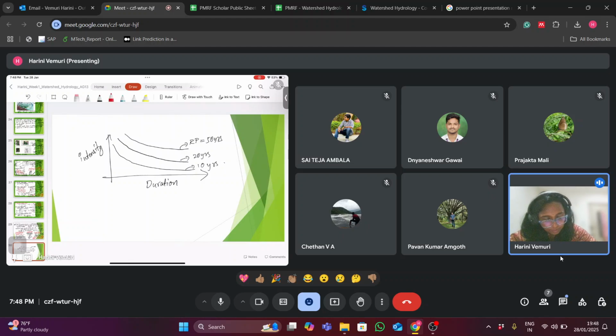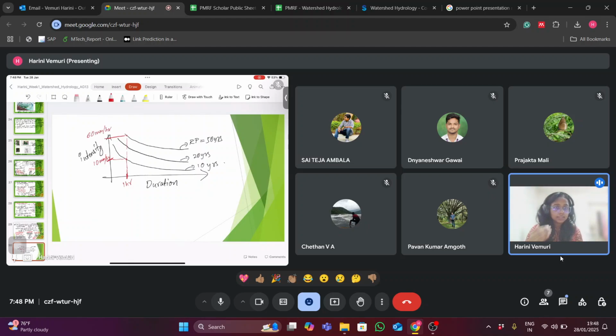So what do we understand from this? Suppose we have a 1 hour duration rainfall. For 1 hour duration, the 10-year return period has an intensity of, let's say, 10 mm per hour. If we go for the same 1 hour duration and a 50-year return period, the rainfall is around 60 mm per hour.